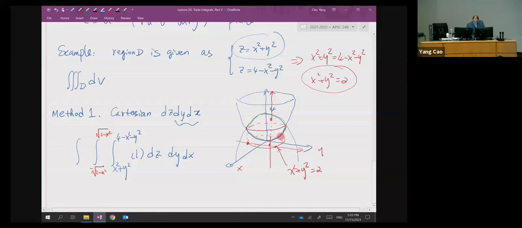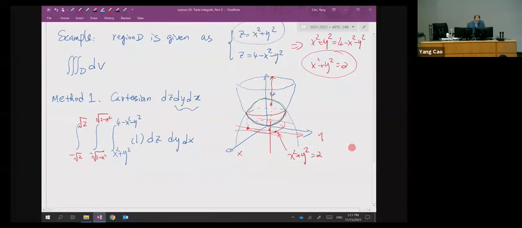Finally, you sweep this bottom arrow line from one end to the other end, one edge to the other edge. Find the edges, right, sandwiching this shadow. And that's basically from one end of the radius to the other end of the radius. So this is negative root 2 to positive root 2 because the radius is root 2. So this is your setup for the triple integral in Cartesian coordinates.